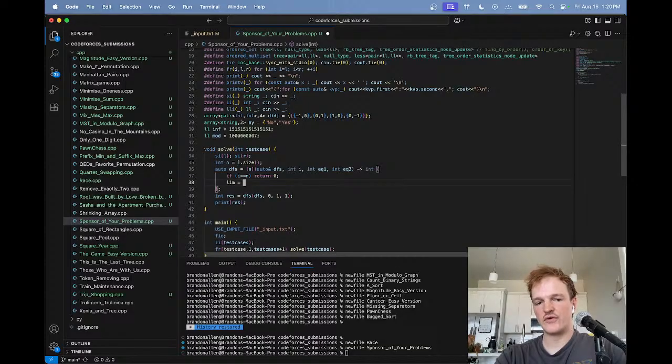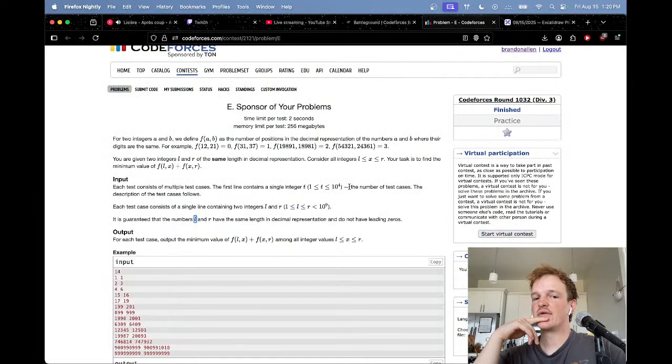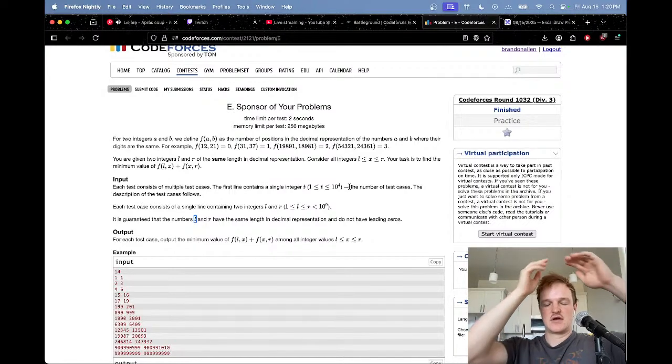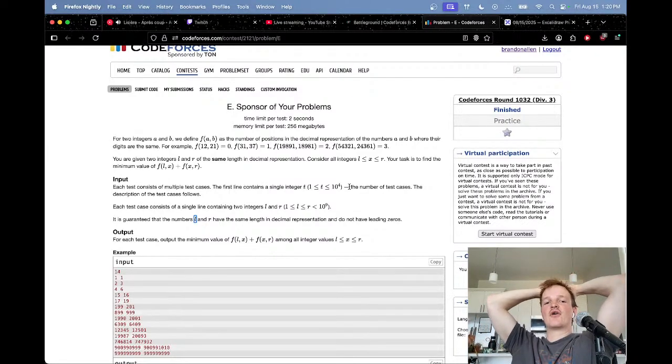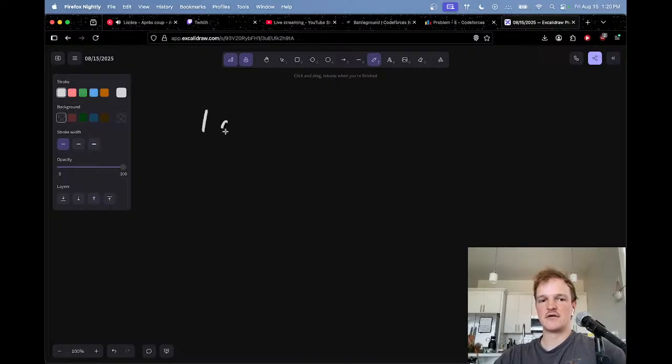Lim is equal to, do I need a 0? I think I need a 0 element to be like, am I looking at leading zeros? How do I normally handle that with digit DP? I'd say try assigning a 0 everywhere. Normally I don't have to care about leading zeros because for every number up to R, let's say R is like 10,032, I can only assign a 0 or a 1 here.